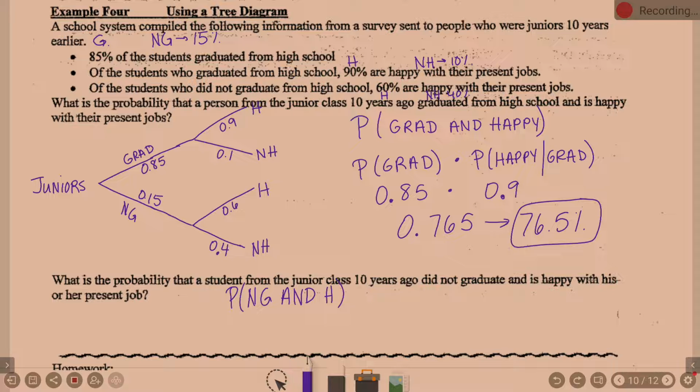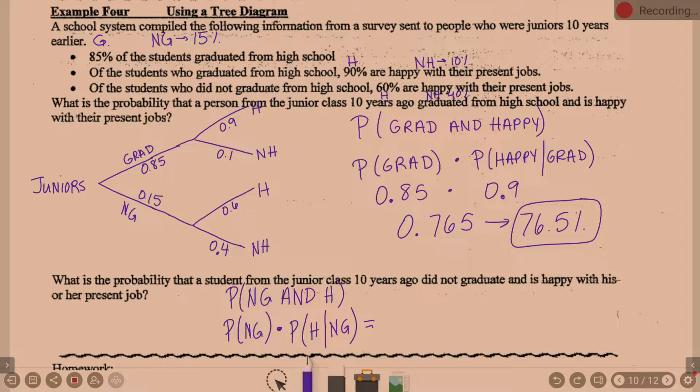Probability of not graduating and happy. I use those abbreviations up above. Now, what's that mean I'm going to do? I'm going to have to find the probability of not graduating, and then we're going to multiply it by the probability of what? Yeah. Happy given that they did not graduate.